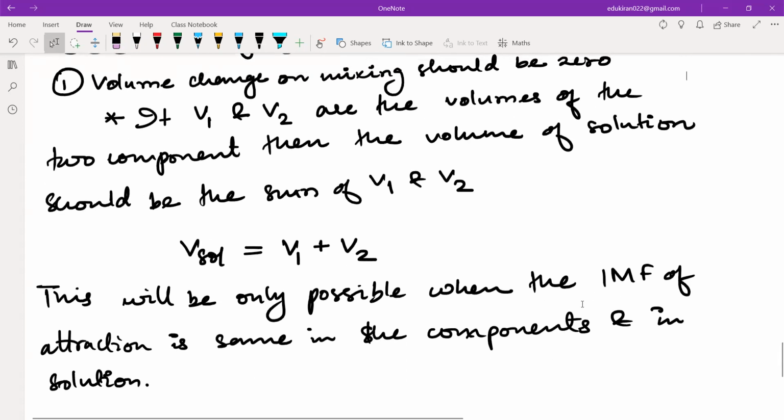All of you write this point. Let me know if you have any doubt here. The volume change on mixing should be 0. And what is the reason? The reason is that if the intermolecular force of attraction is the same, then only the volume of solution will be equal to the sum of the volume of each component. Please write this down.